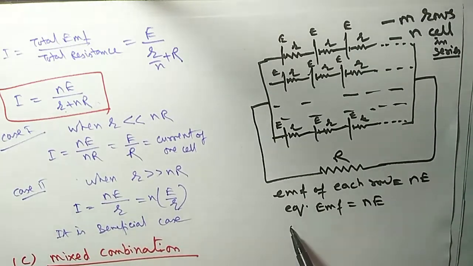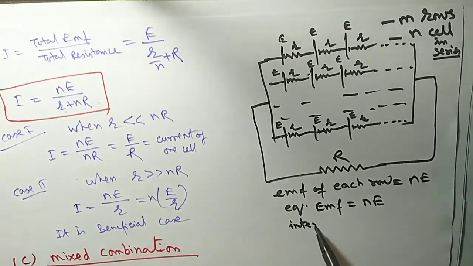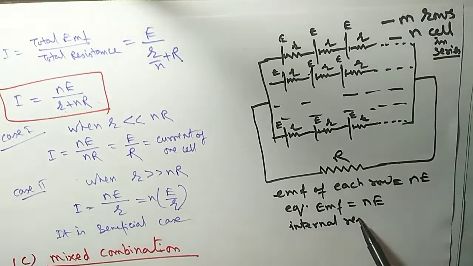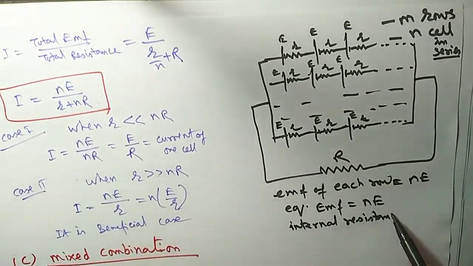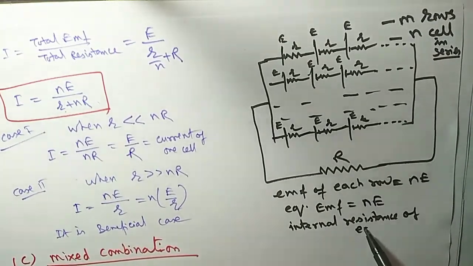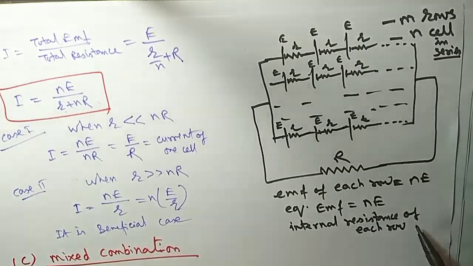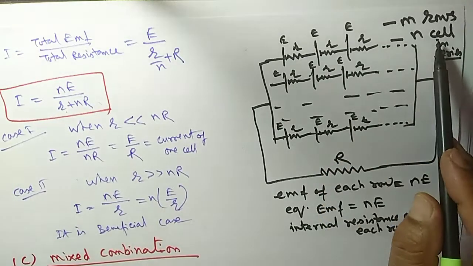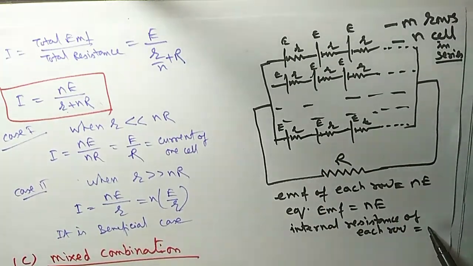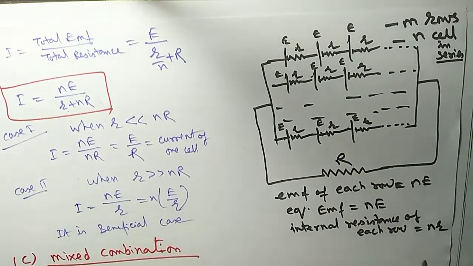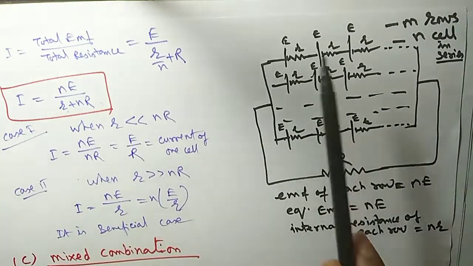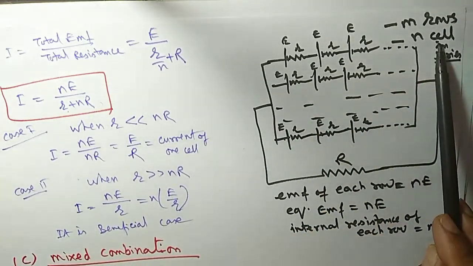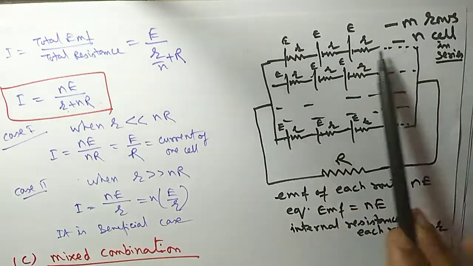Now the internal resistance of each row, there are n cells of r internal resistance, so it is equal to nr. Okay, it is the internal resistance of only one row. Clear?